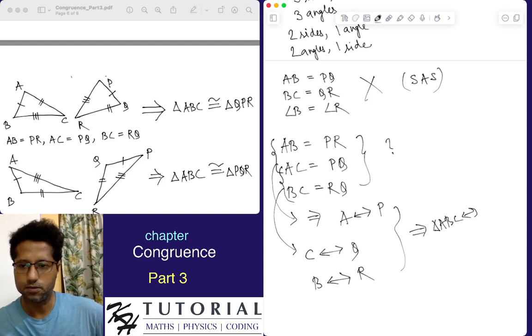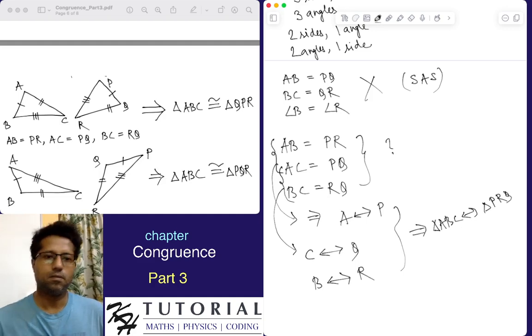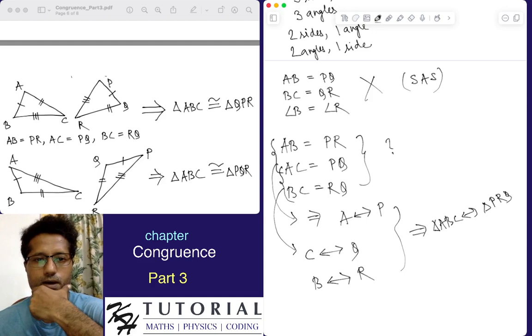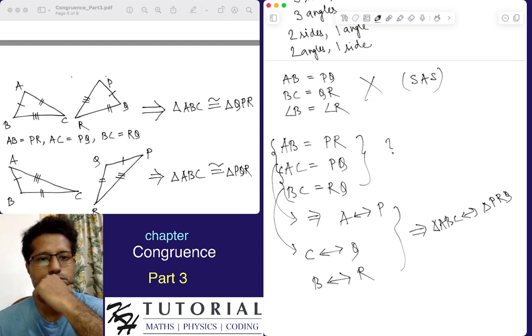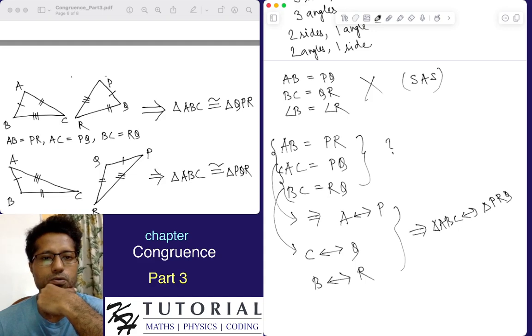Now this will imply that triangle ABC has a correspondence with triangle PRQ, but in the notes I have written QPR. Why is it so? Let me check. AB is equal to PR, AC is equal to PQ, and BC is equal to RQ. AB is equal to PQ, BC is equal to PR.